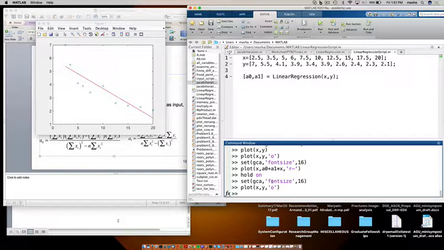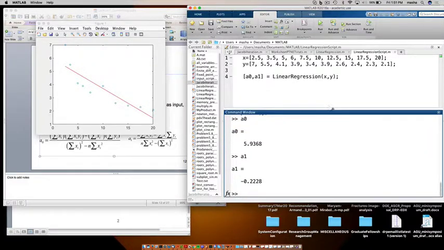A0 and A1, that's what I got from my linear regression. But this is how you check, okay? Do you get the point how I'm plotting things? So I plotted the points and I plotted the line, and the line is simply A0 plus A1 times X, X being the data that comes.